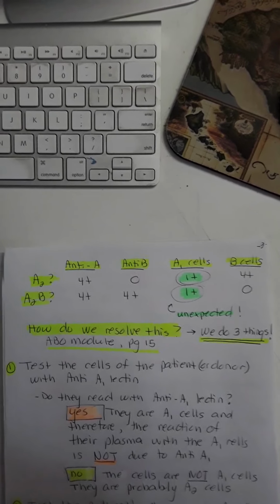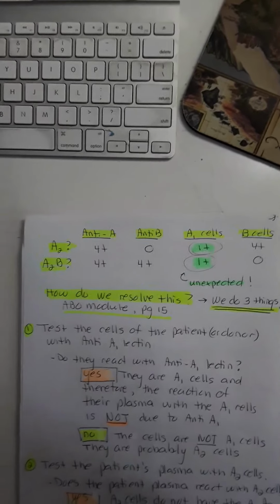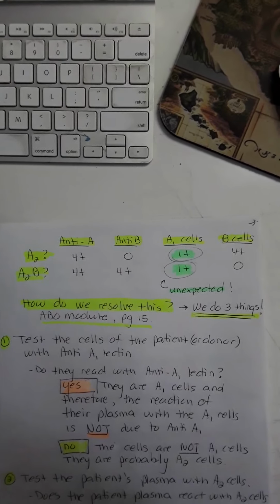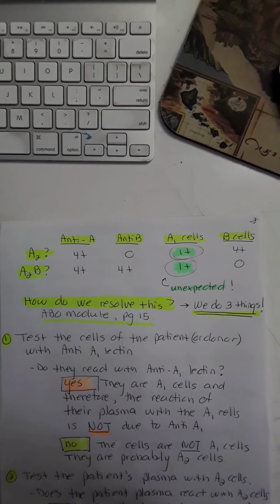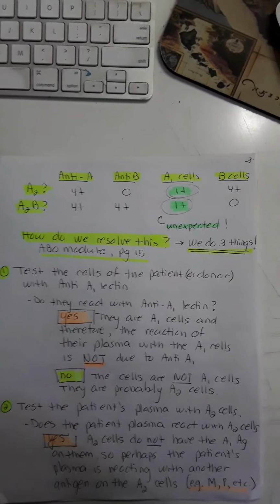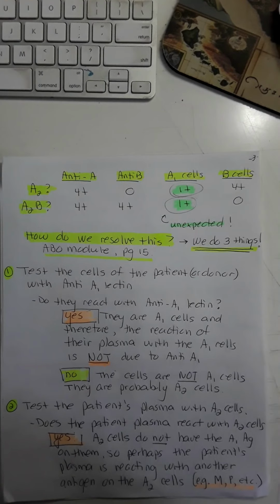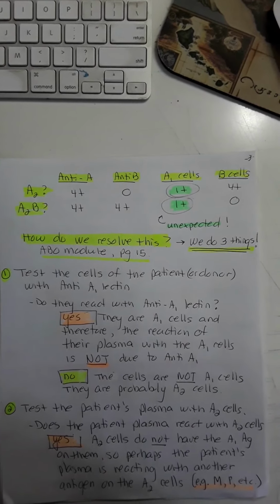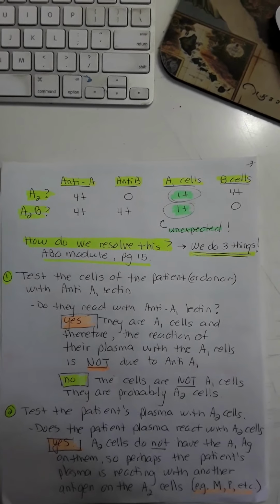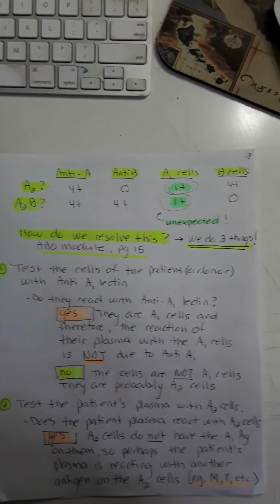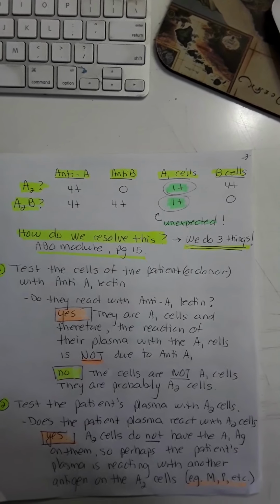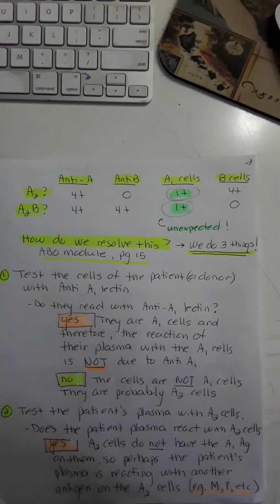The second thing we're going to need to do is to test the patient's plasma with A2 cells. Does the patient's plasma react with A2 cells? If it does, well, A2 cells do not have the A1 antigen on them, so perhaps the patient's plasma is reacting with some other antigen on these A2 cells, perhaps the M antigen or the P antigen.